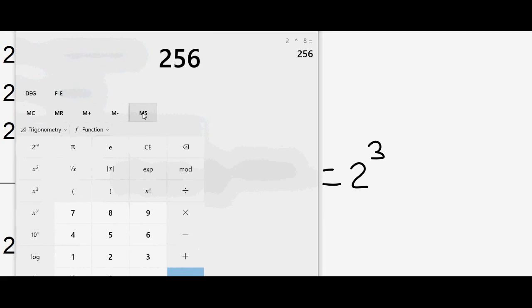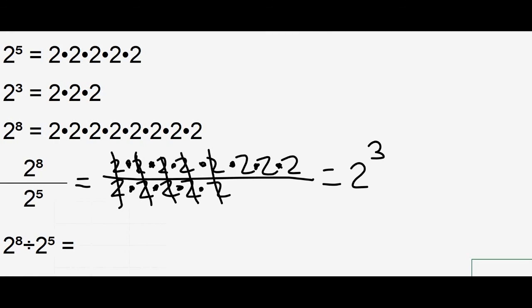I'm going to store that in memory. And I'm going to say now 2 to the 5th power is 32. So I'm going to bring the 256 back from memory and divide by 32, and I do get 8. So 2 to the 8th power divided by 2 to the 5th power is actually 2 to the 3rd power.